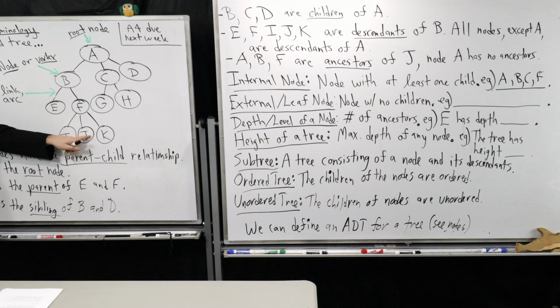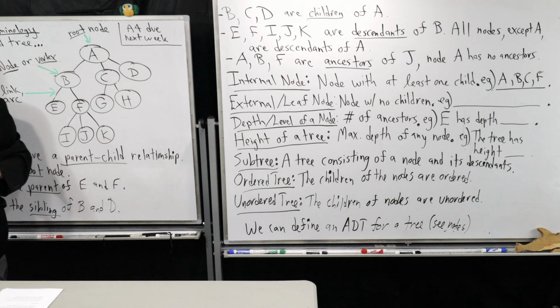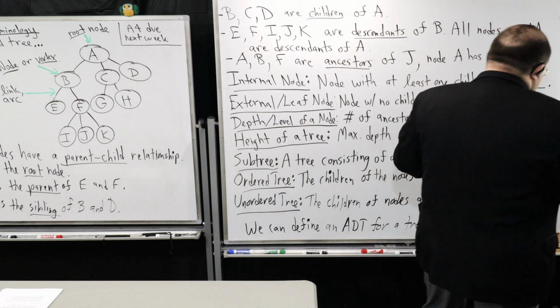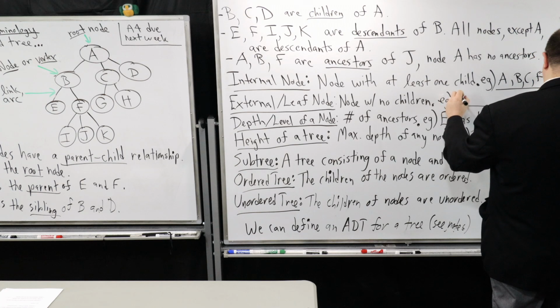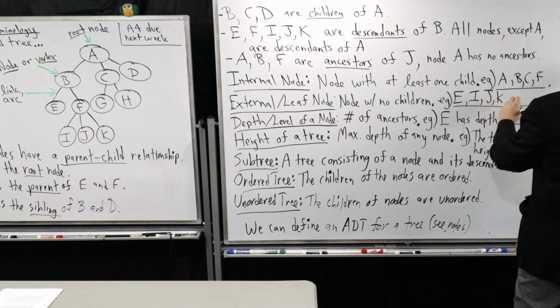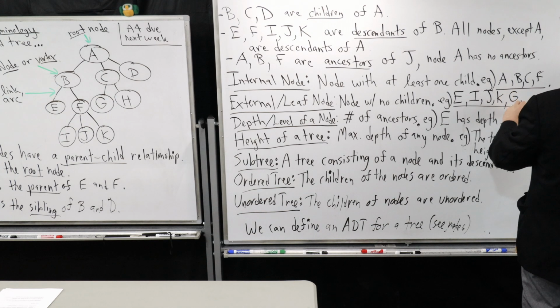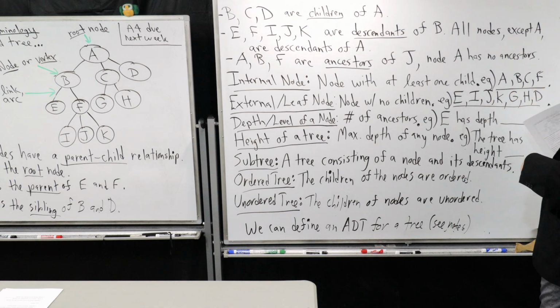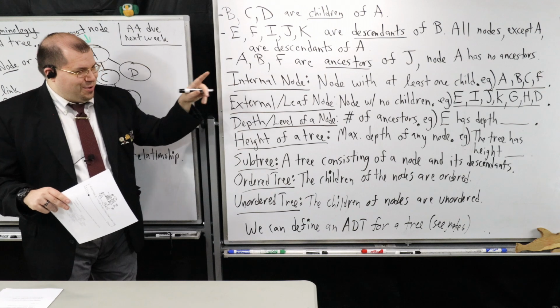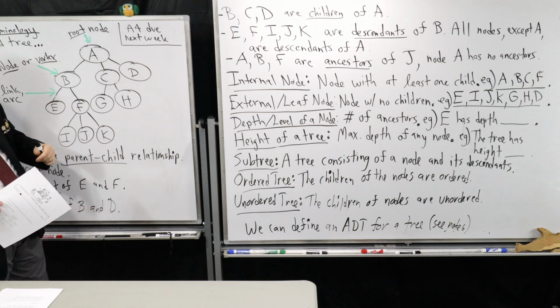I has no children, J has no children, K has no children, G most certainly has no children, right? H doesn't, nor does D. So these are all leaf nodes. Let me list them out, in the funnest order I could think of, if that's even a fun word to say: E, I, J, K, G, H, and D. I just went around the tree, around the bottom like that, a little tour around. That's how I listed them.